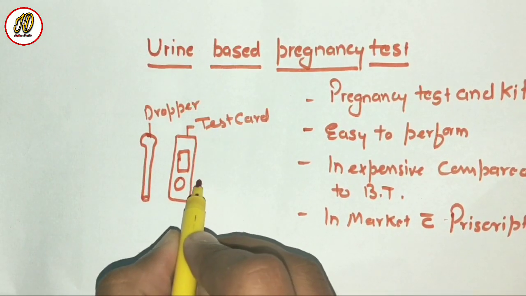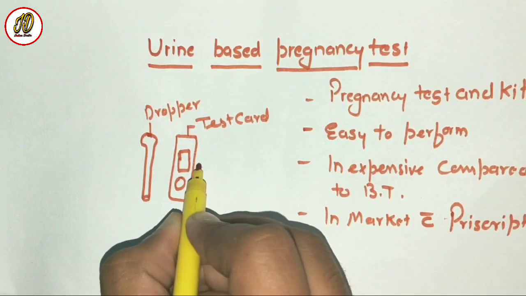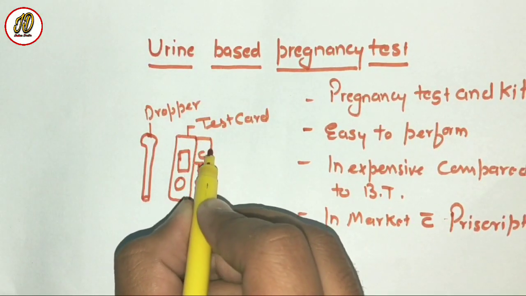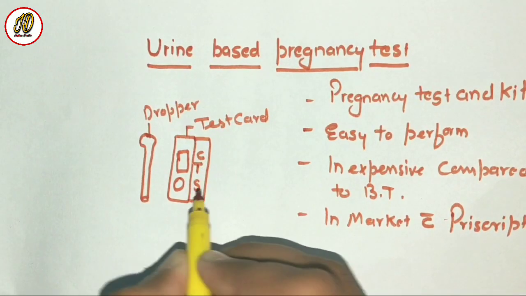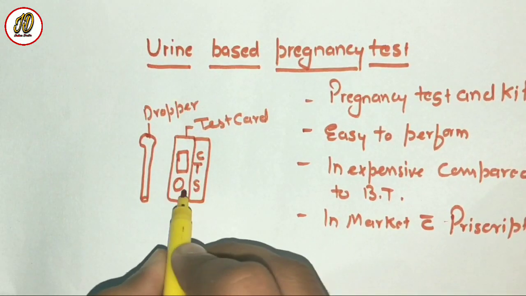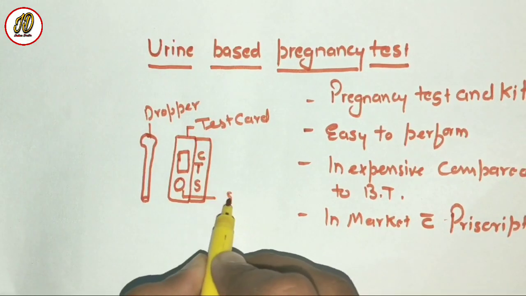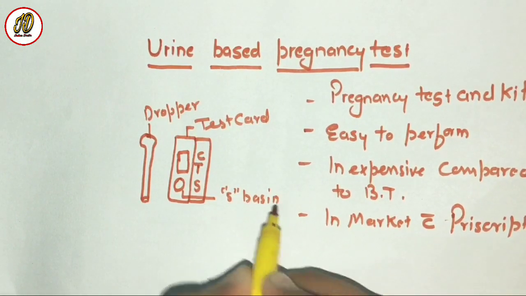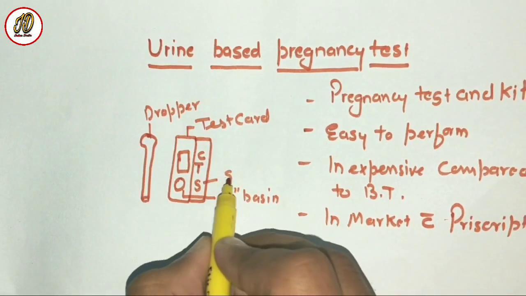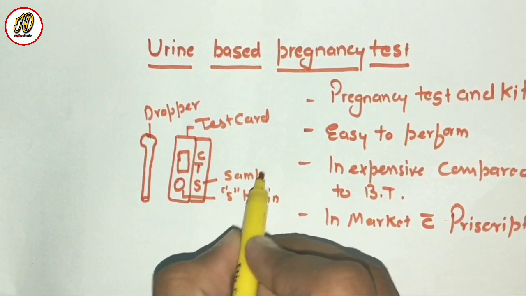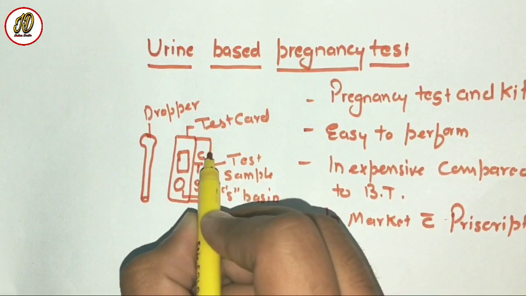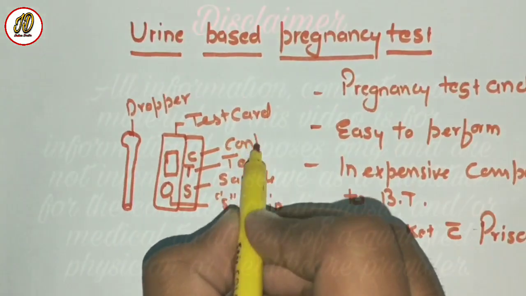There are the letters S, T and C written over the test card, whereas the circular window is also known as S basin, whereas S stands for the sample, T stands for the test, and C stands for the control.